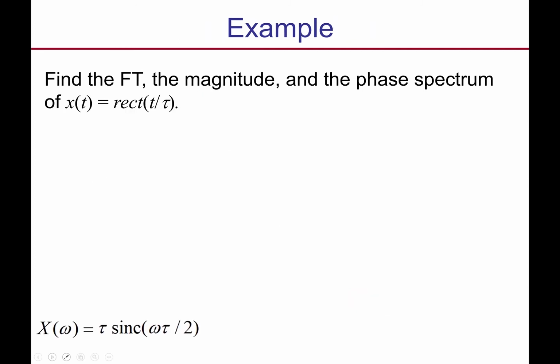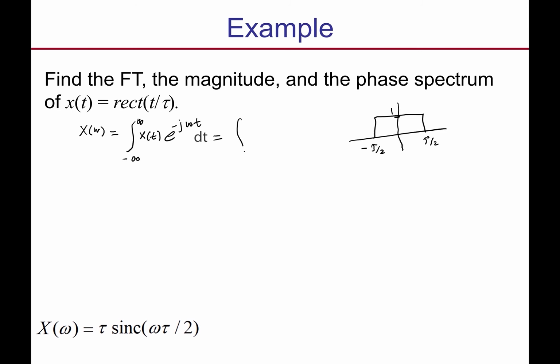Another example, let's find the Fourier transform, the magnitude and the phase of this rectangular function. We will use the definition, so X of omega. And if I plot this rectangular function, it looks like this, from minus tau over 2 to tau over 2, and the amplitude here is 1. And if I integrate, the signal x of t only exists from minus tau over 2 to tau over 2, and it's equal to 1 in this range, times e to the minus j omega t dt.